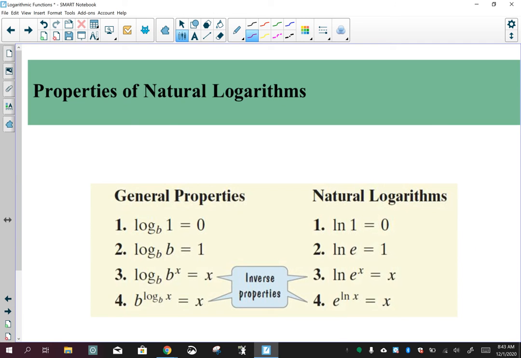If you look at the properties here, it's the same thing. The natural log of 1 is 0. Natural log of e is 1. And then they have the same inverse properties as everybody else. If you take a look and notice how the natural logs connect with the general logs, you can see the characteristics and the properties that go back and forth between them.